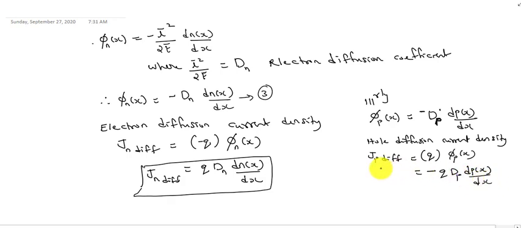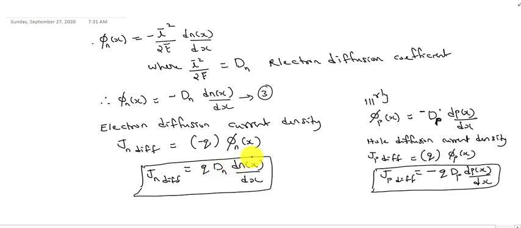So this is the value for Jp diffusion. So we have obtained the value for electron diffusion current density and hole diffusion current density.